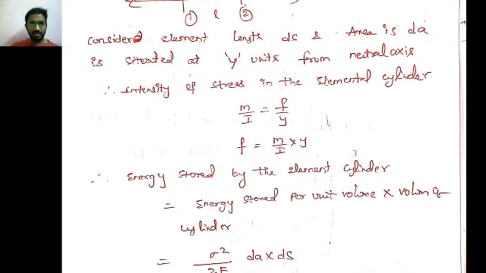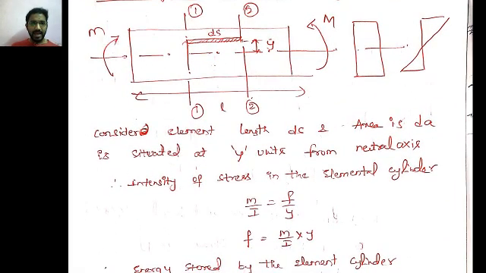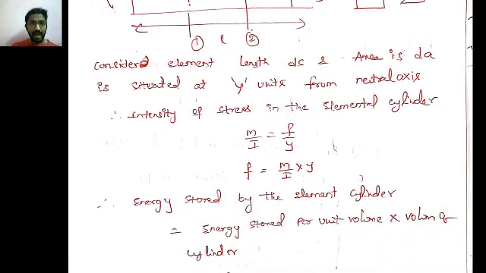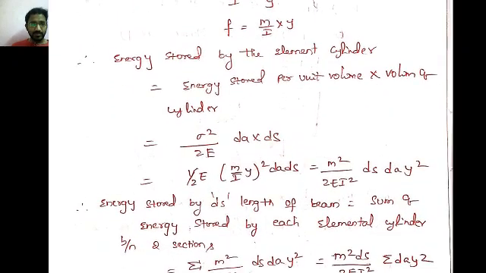Come to the figure here. I am considering two portions, at 1-1 and 2-2. You can take other portions too, nothing to worry about, but I am taking only two. The energy stored by ds length of the beam equals the sum of the energy stored at each elemental cylinder between the two sections.